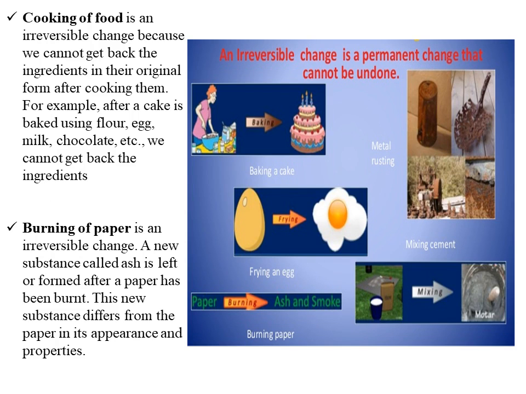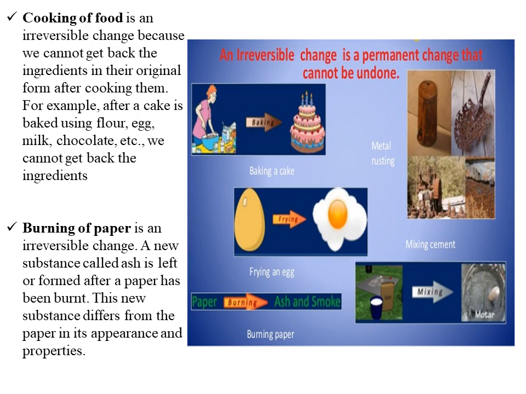For example, after a cake is baked using flour, eggs, milk, chocolate, etc., we cannot get back the ingredients, as you know that cake batter is made from eggs, flour, sugar, butter, then chocolates, and some other flavoring agent like vanilla. Once the cake has been baked, you cannot get the ingredients back. And cooking is another example. We cannot get back the substance that we originally started with, such as frying an egg.